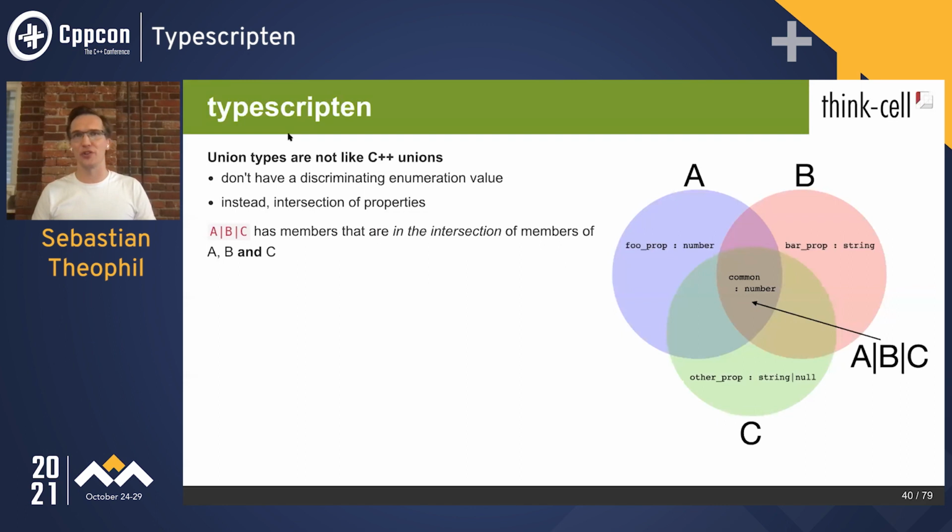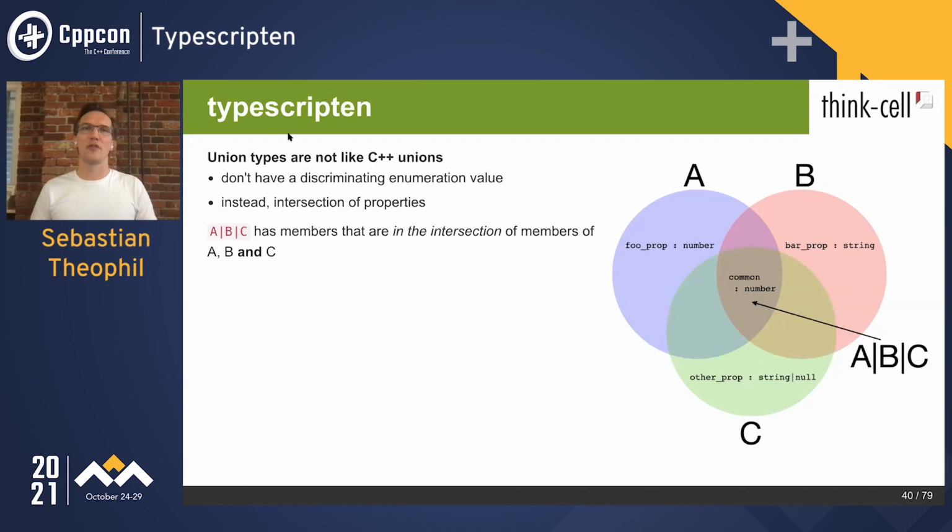Other interesting features. TypeScript has what I said are union types. Those union types are not at all the same thing as C++ unions. For one thing, they don't have a discriminating enumeration value. So you can't ask that union type, are you A or B or C? You can cast them to each of them, but we have to know which one it is before that.